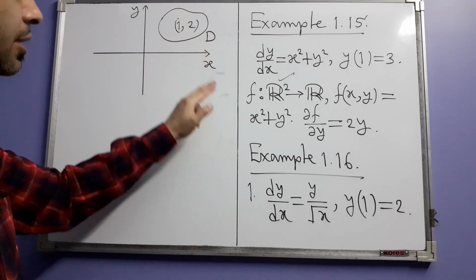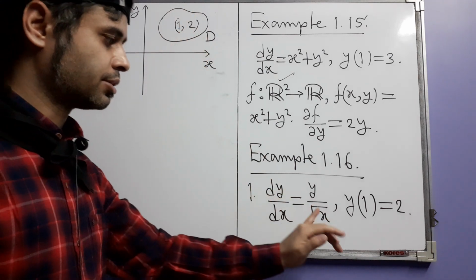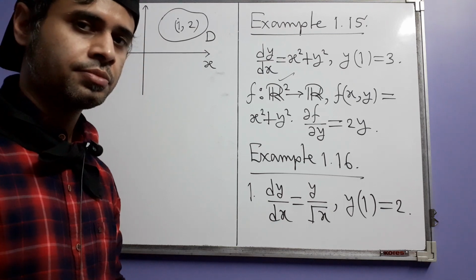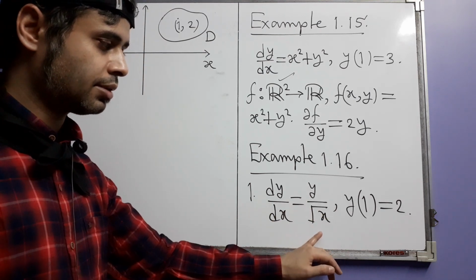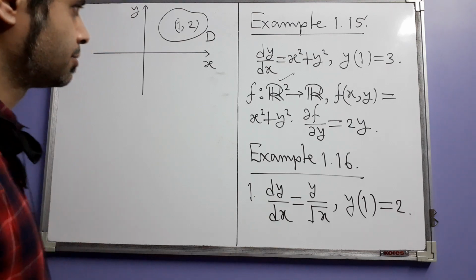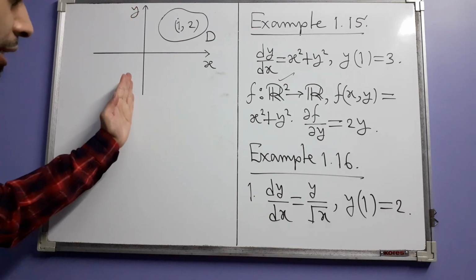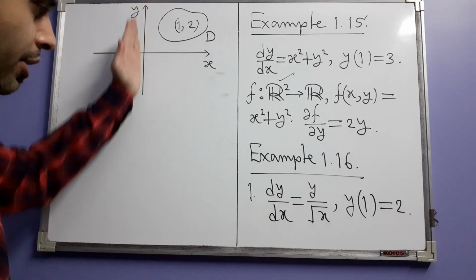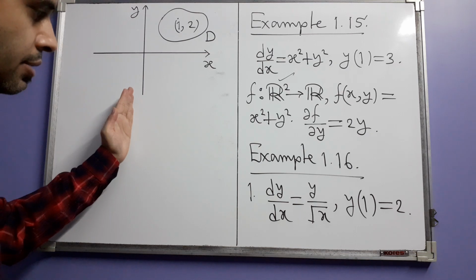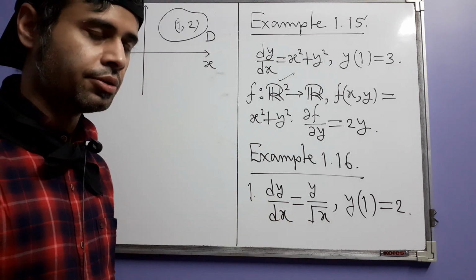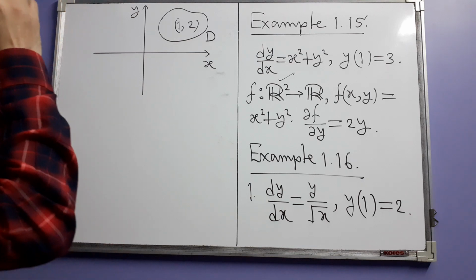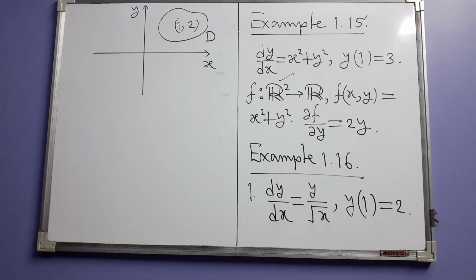On this type of set, you can consider this function. Then there is no problem of it being undefined at some point, because you are avoiding the y-axis, and on the points on the y-axis, the x coordinate is 0.